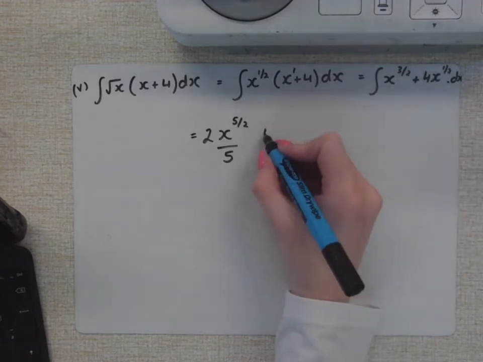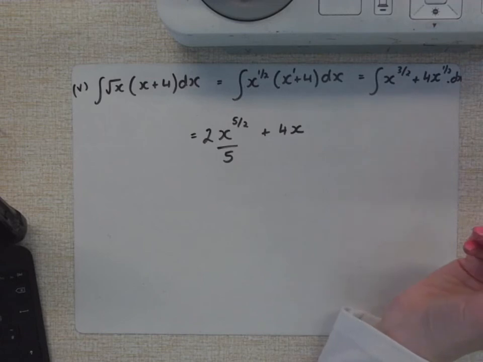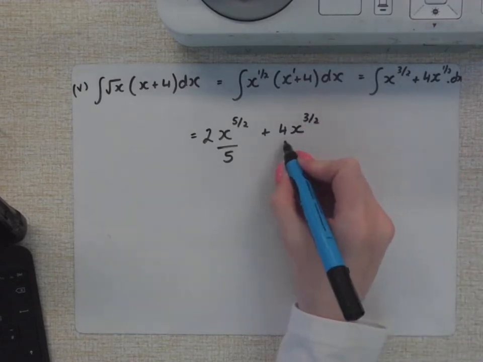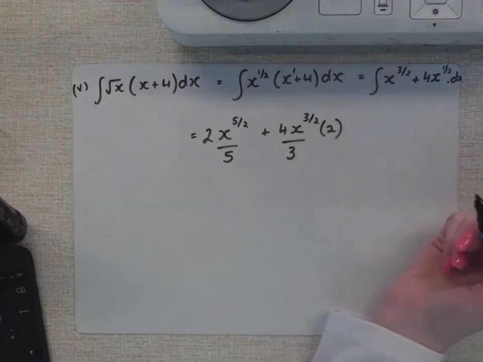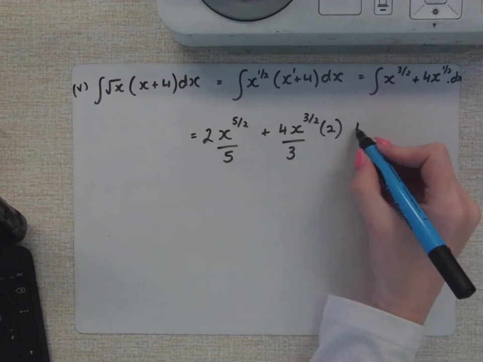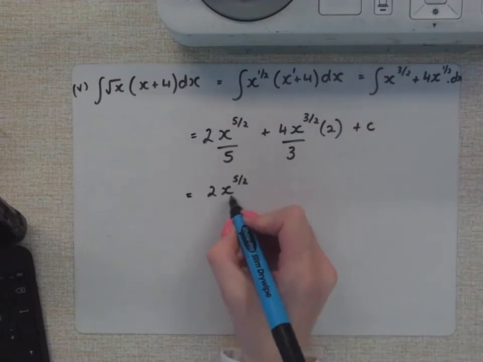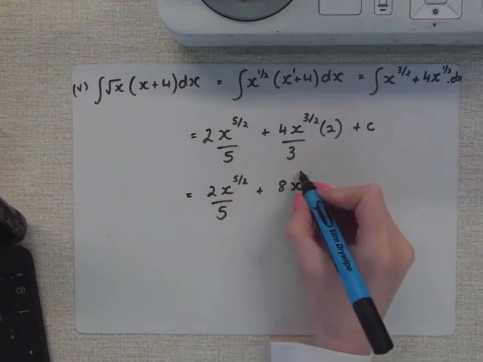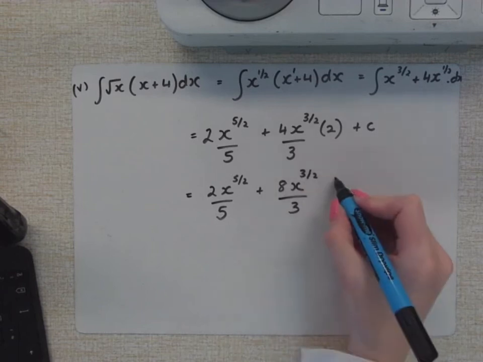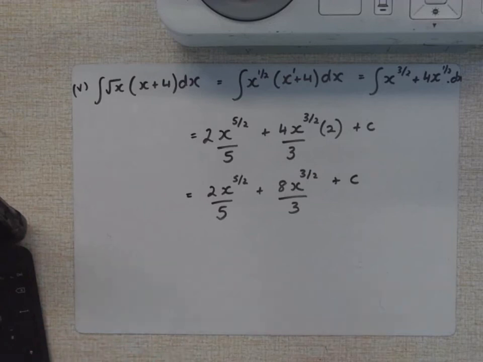Here, x to the power of a half becomes x to the power of 3 over 2. Divided by 3, multiplied by 2. Plus c. Can't tidy up anything there really. This becomes 8 over 3 plus c. Any issues there?